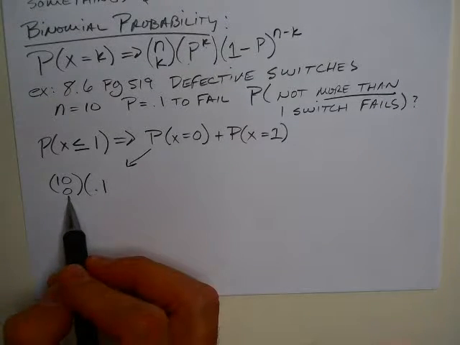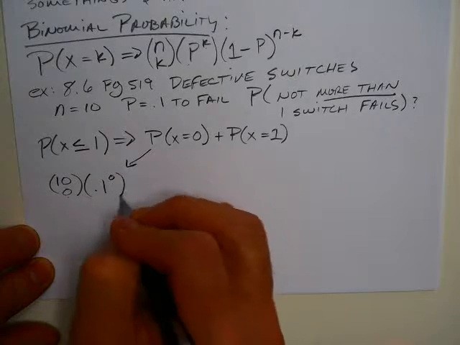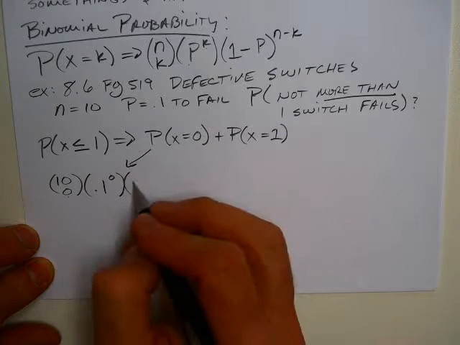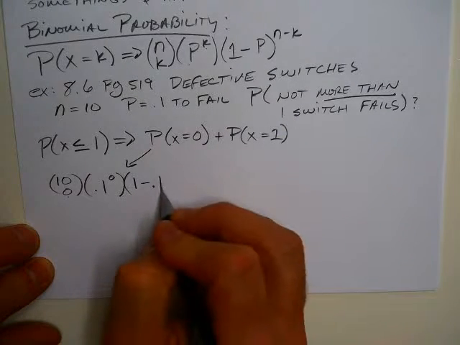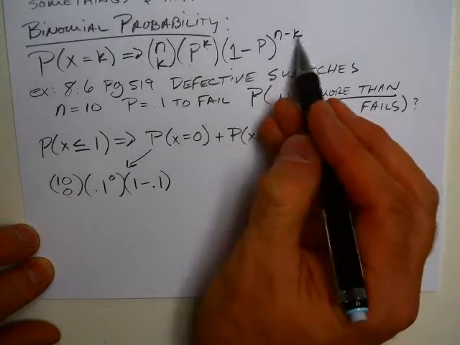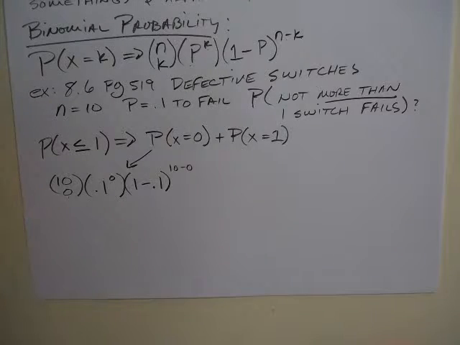That's the 0, how many fail, times 1 minus the probability that we have a failure, to the n minus k. That's written out in this form. We'll modify it in the next step.